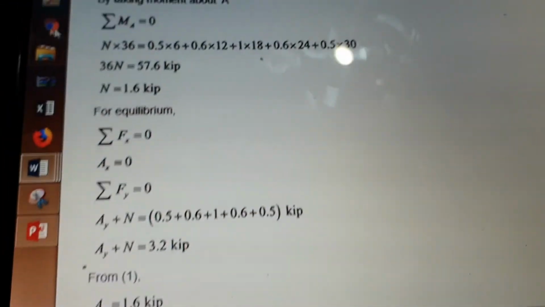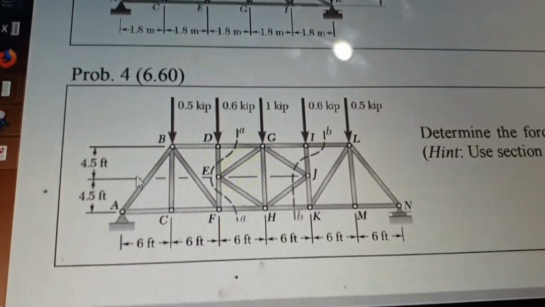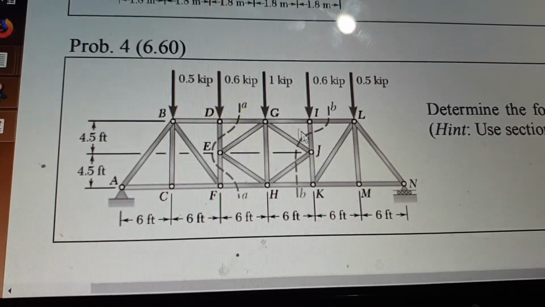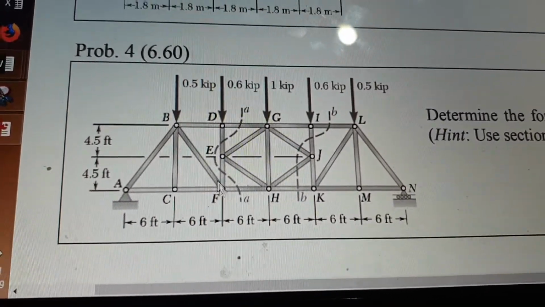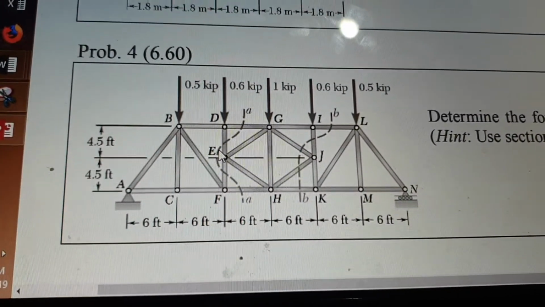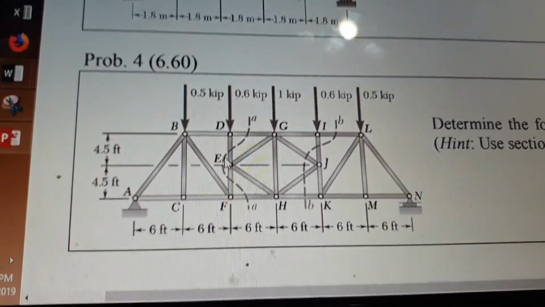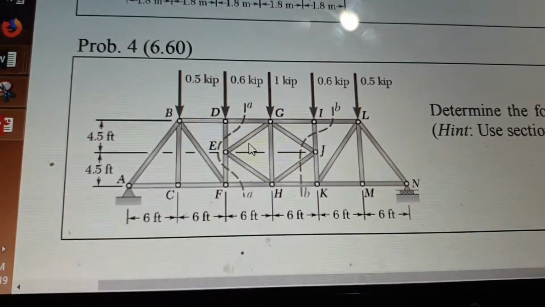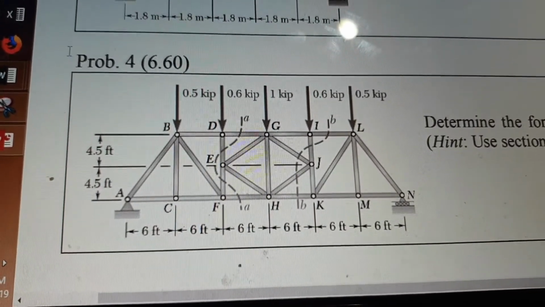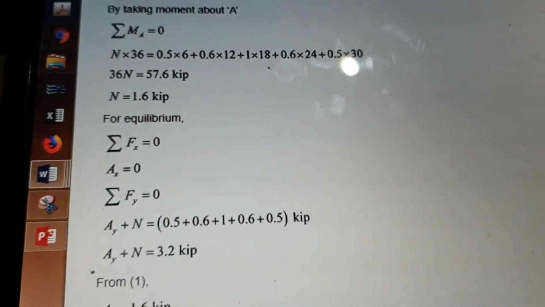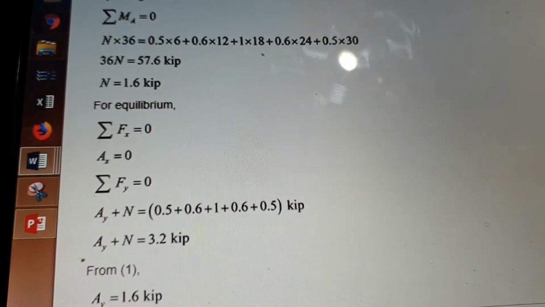Let's take the cut. Remember, we found this reaction, we found this reaction. Now we're going to do a cut like this. Of course, you have to make the cut so you could separate it. Take the other side, the other easy side. So we'll do the cut like this.